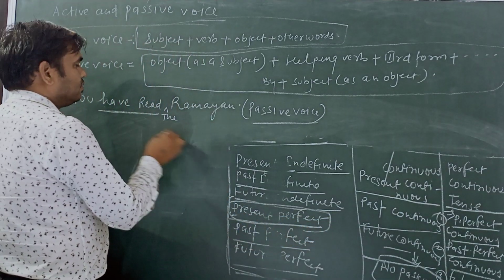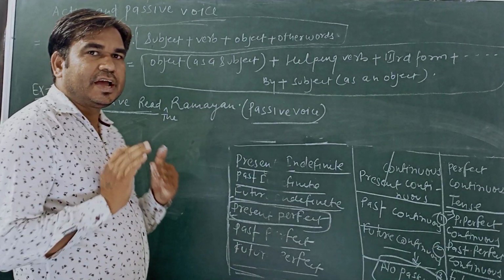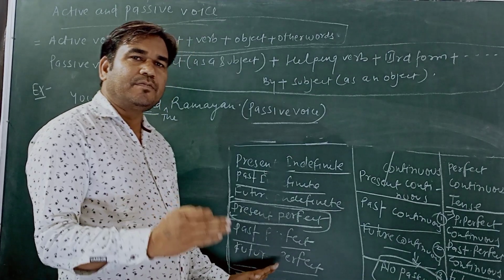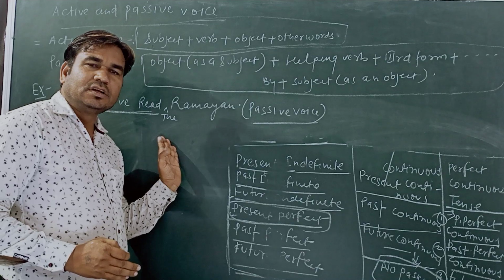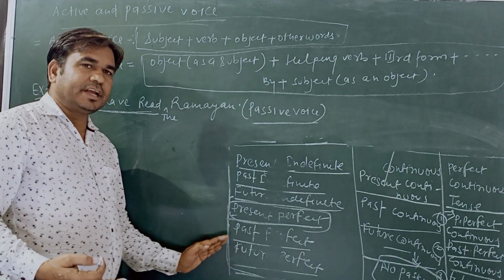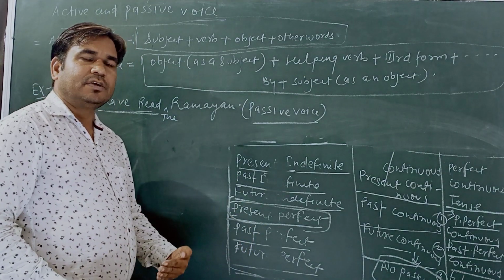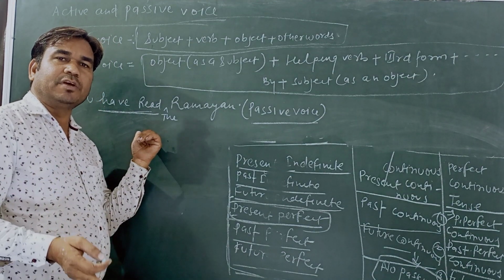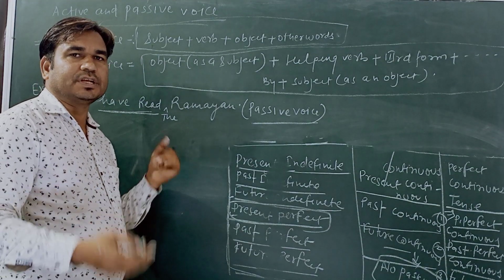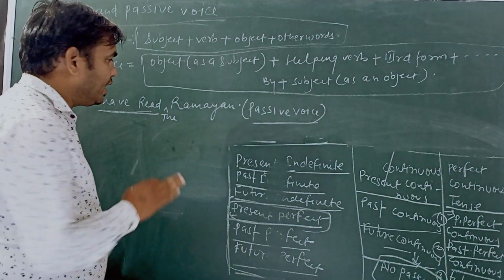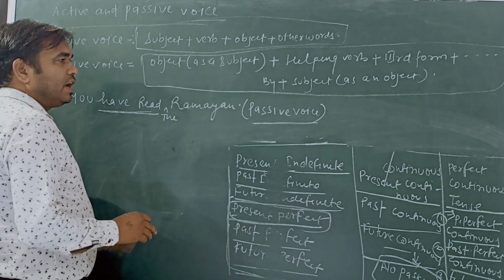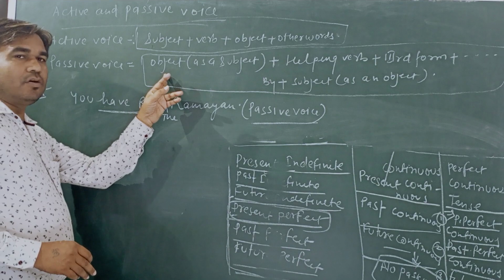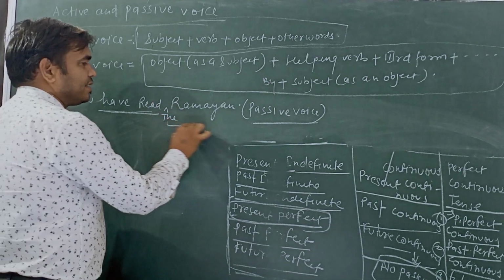I have told you that in this column, when you have to convert the active voice, you take the next tense's helping verb. It means present perfect is given, so you take the helping verb of present perfect continuous. And for passive voice you have to take the object. The object here is the Ramayana.